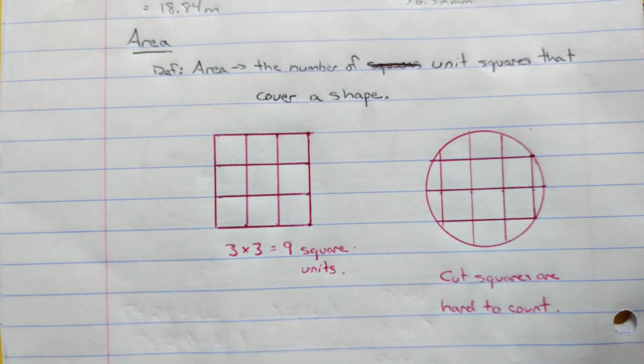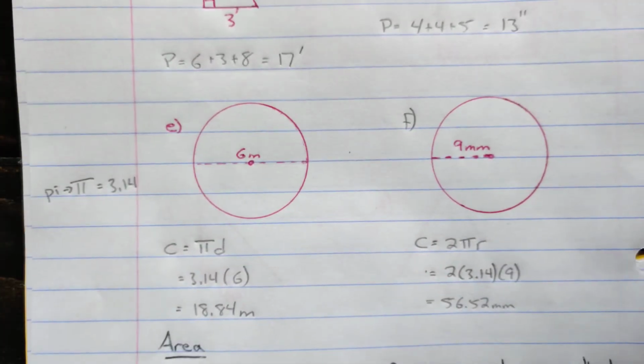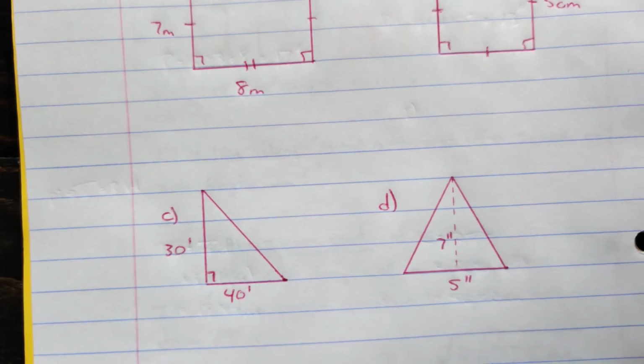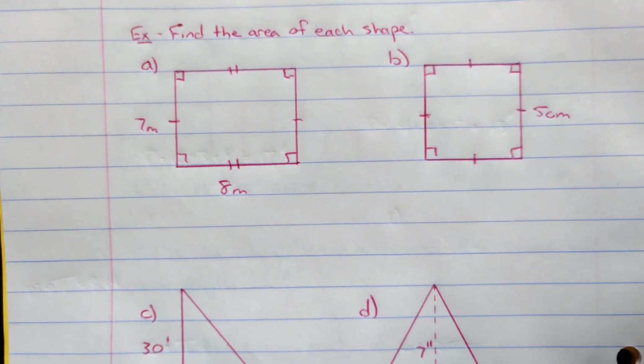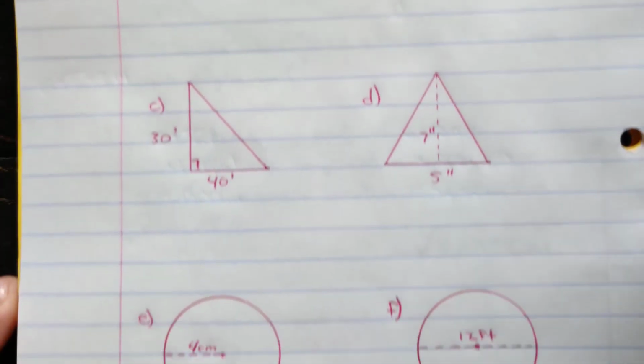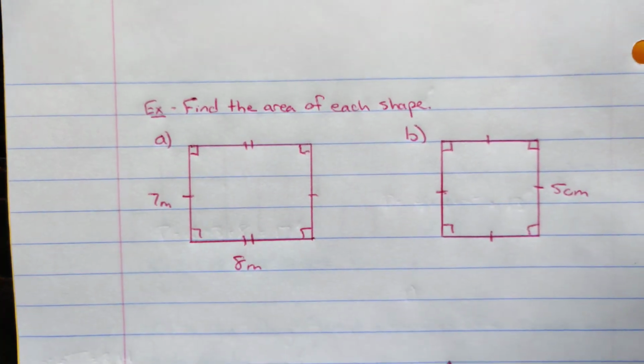The problem is it's hard to count when we don't have a rectangular shape because the squares don't fit together nicely. So we use formulas. We're going to find the areas of a few different shapes. First we have a rectangle and a square, a couple of triangles next, and then some circles, same as the perimeters.